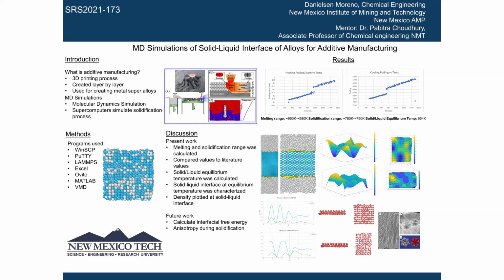And when it jumps up to the next line at higher temperatures, that means that it's melting. And that range where it jumps, that's the melting range.